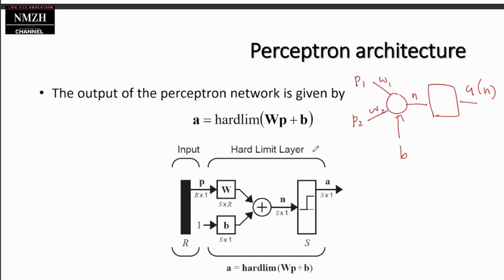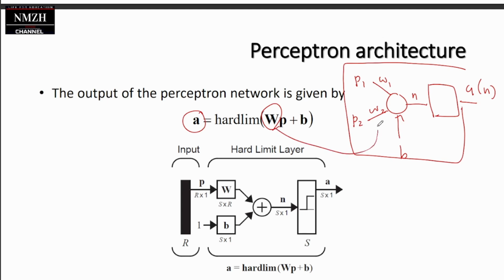It depends on how we portray the ideas, right? In this part, A is the output of the whole perceptron. W is the weight, P is the input, while B is the bias.